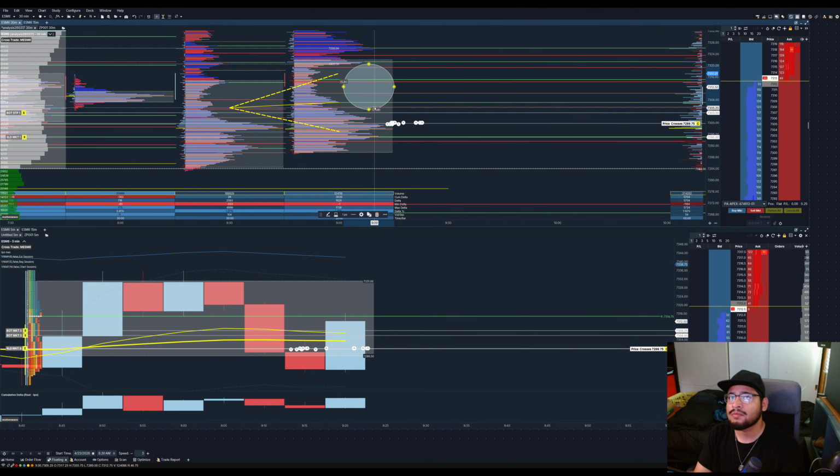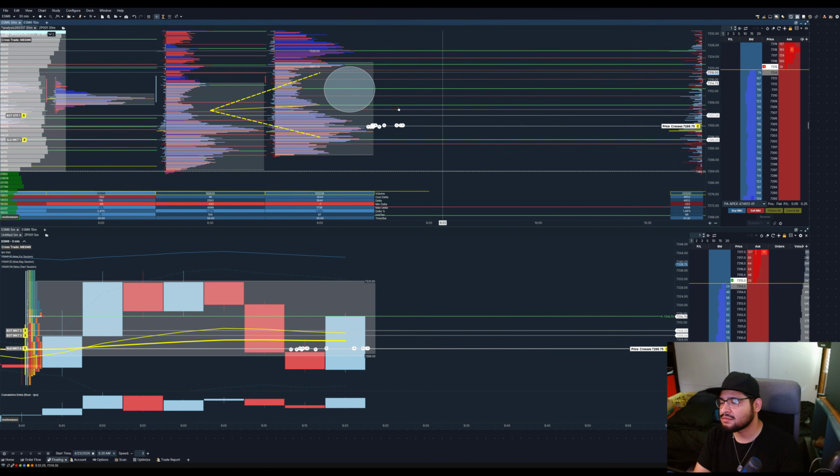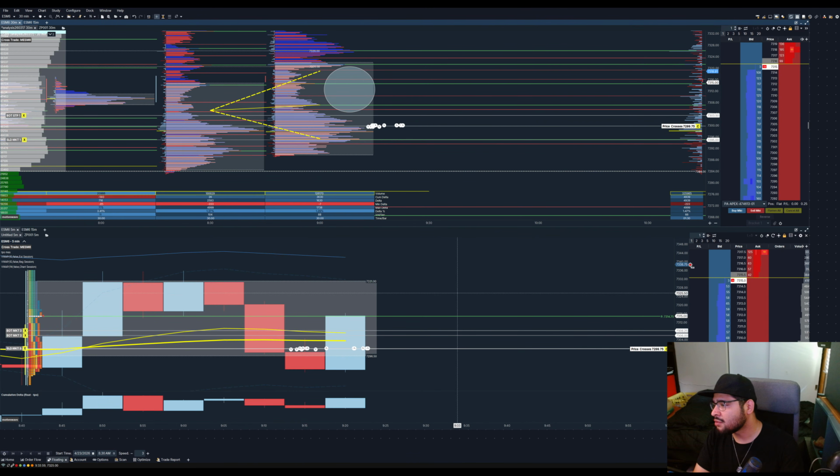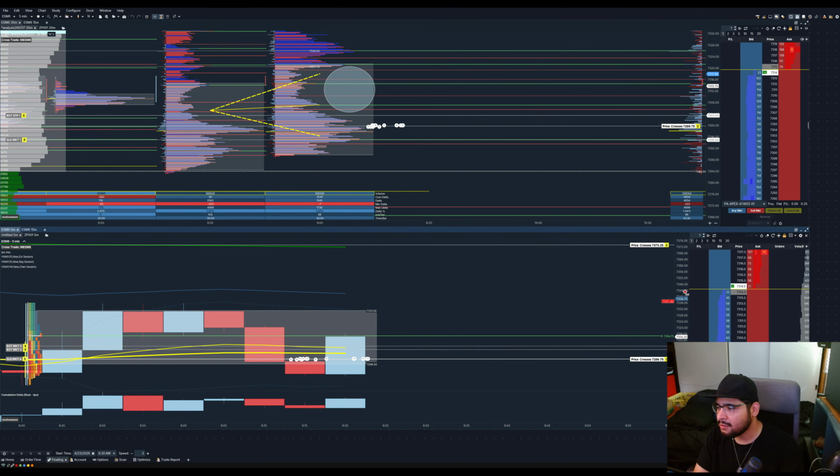This empty space that we have here is where I'd be looking for price action to develop. We're above VWAP, so if we can maintain above there, I like it for a move up to the weekly VWAP, which is at 73.73.